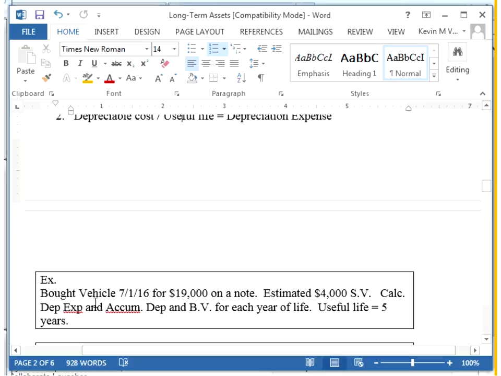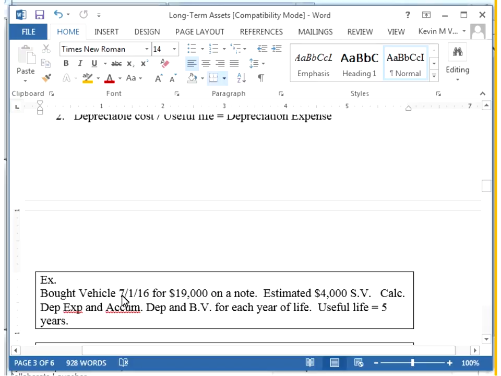And what I would do at this point is pause the video and just write down some of the facts. And then I'm going to go through how we would journalize this for not only the purchase, I think I'll do the purchase, but for sure the depreciation and how we get the updated book values. So we bought a new car.